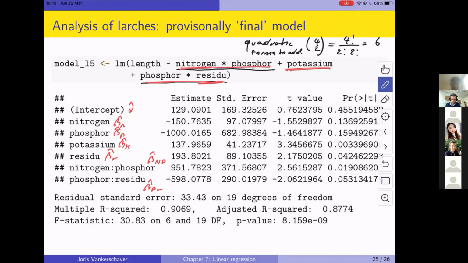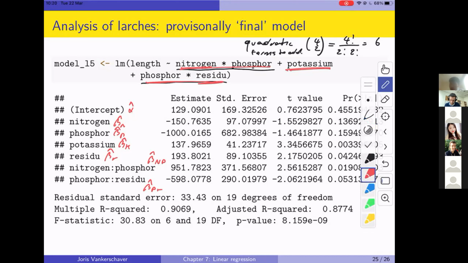And if you look at the outcomes, then you see basically that we have the 2 interaction terms, nitrogen and phosphorus and residual ash. And okay, I have to dive into the numbers a little bit.